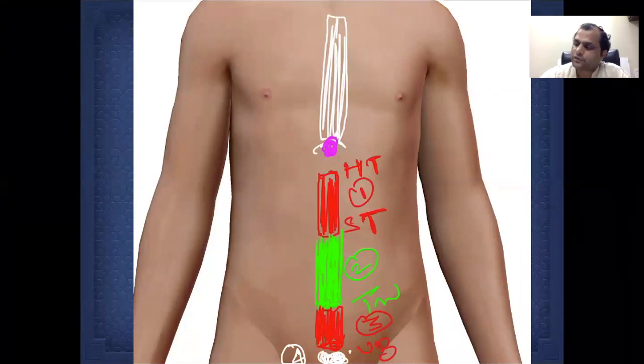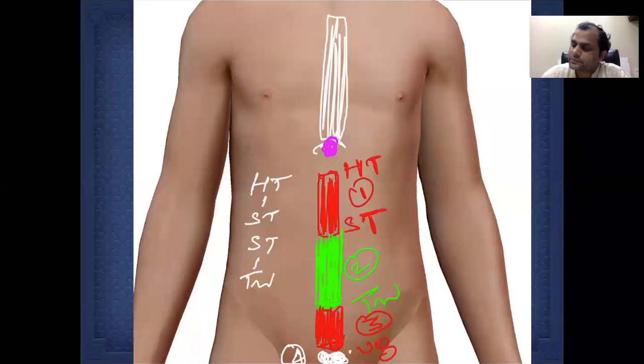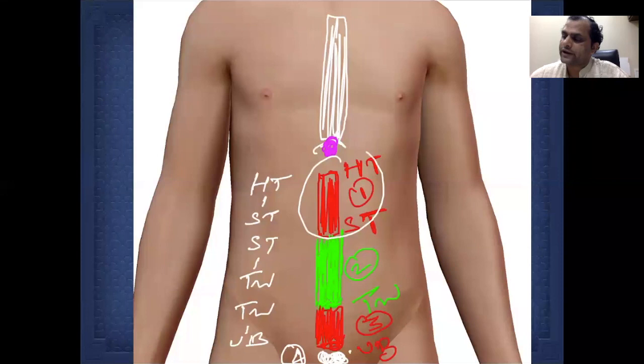One area starting from the heart to stomach. Second area starting from the stomach to triple burner. Third area starting from the triple burner to urinary bladder. So the first area represents the cervical spine, neck or cervical spine. If this is painful, then it shows the condition of the cervical spine.